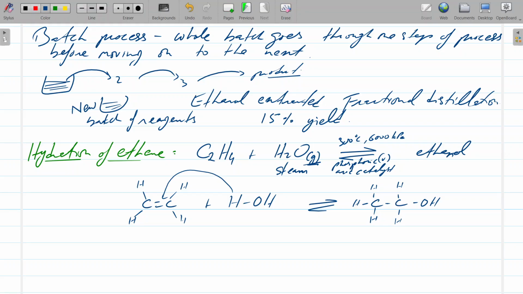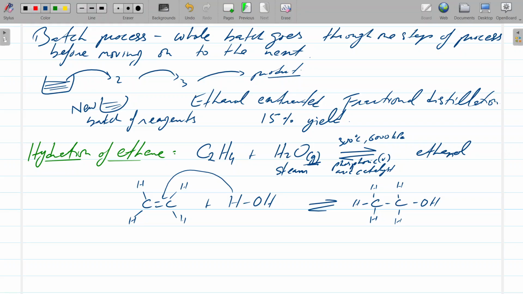So, there's a table in the book that compares the advantages and disadvantages of preparing ethanol by fermentation compared to the hydration of ethene. Fermentation is a low energy process, and the materials are readily available. The disadvantages are that it's a slow process, it has low yield, and it is not a continuous process.